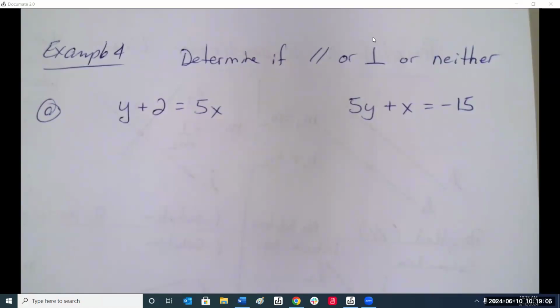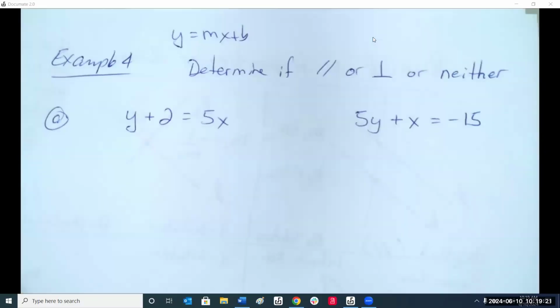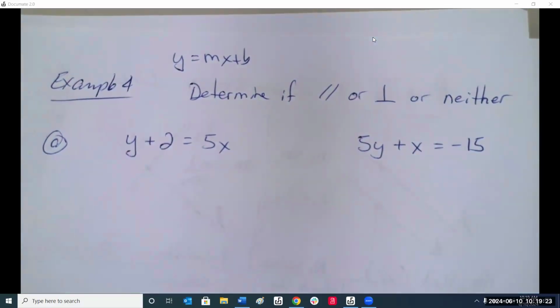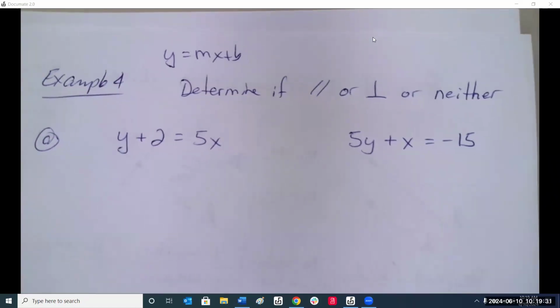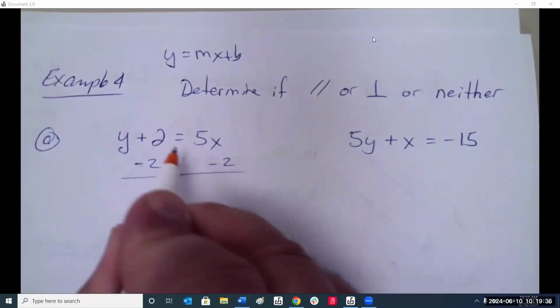Well, what's the only way we can compare them if we know what? The slopes. What form does it have to be in to know the slope? It has to be in y equals mx plus b. Are these in y equals mx plus b? No. So that's the first thing, before you do anything, put it in that form. So this first one, I subtract 2.